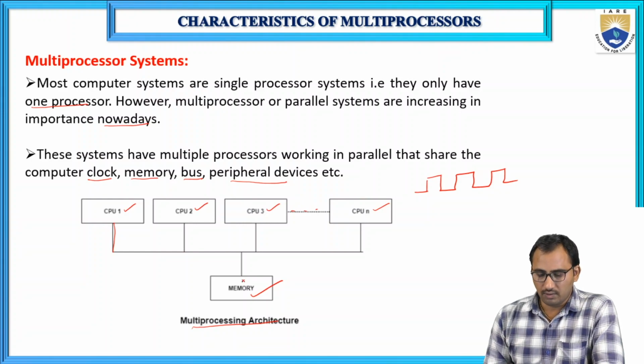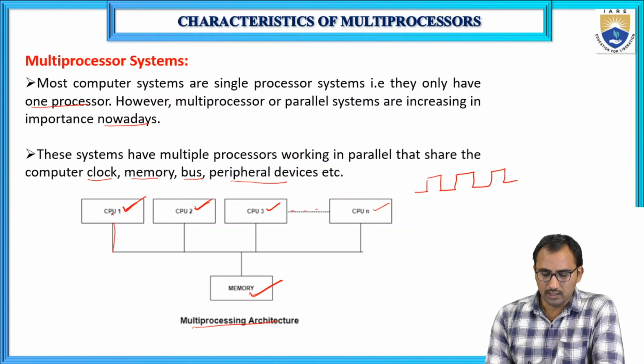In multiprocessor systems, all these CPUs communicate with each other through the common memory. Suppose CPU 1 wants to communicate with CPU 2.